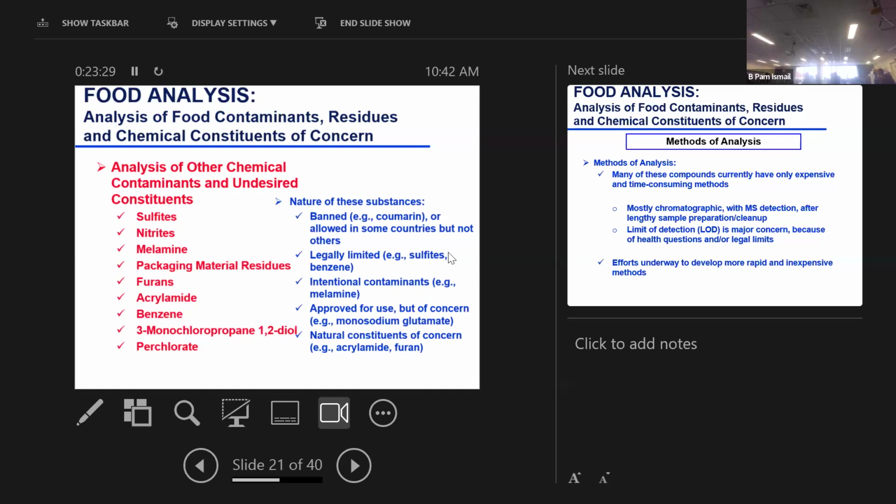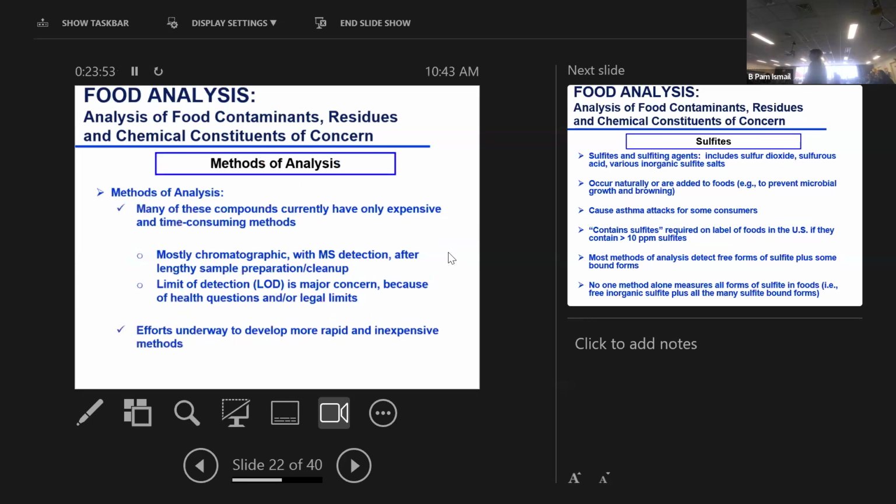Melamine is an adulterant, and there is also packaging material, and so on. Some are legally banned, some you have to declare on the label, especially sulfite, for example, because of sensitivity to sulfite. Some are approved, but they are of concern, so we also need to declare how much there is.